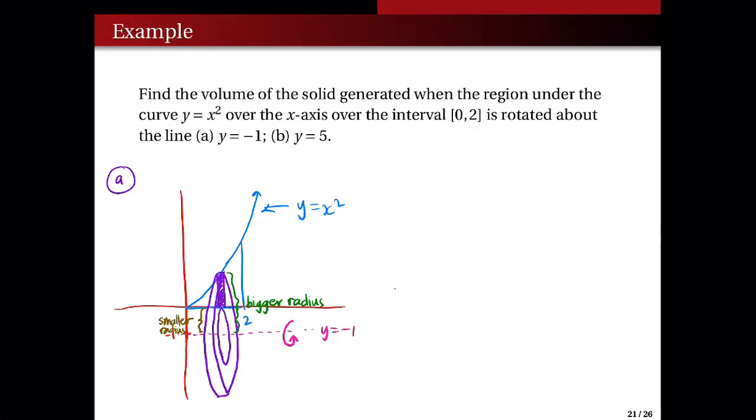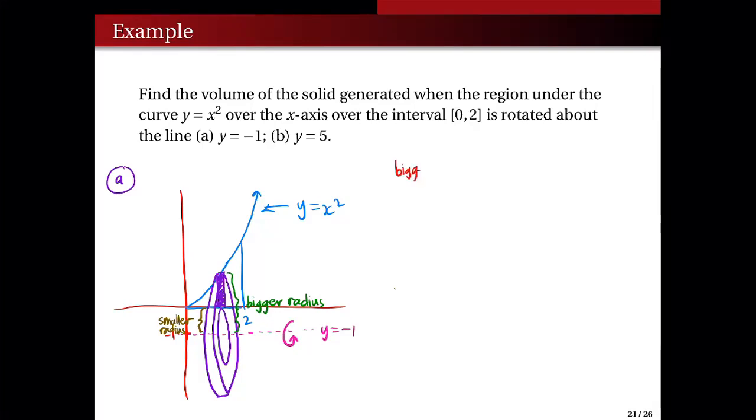It is still a function. But the point here is that you have to identify properly the bigger radius and the smaller radius. So what is the bigger radius?